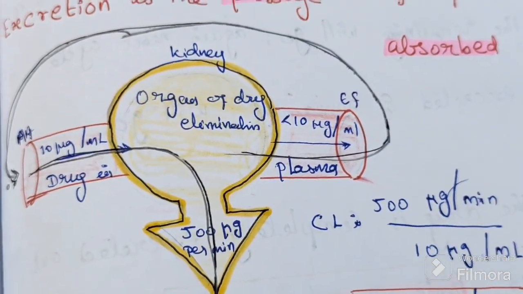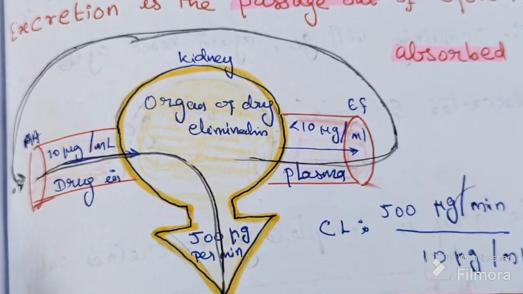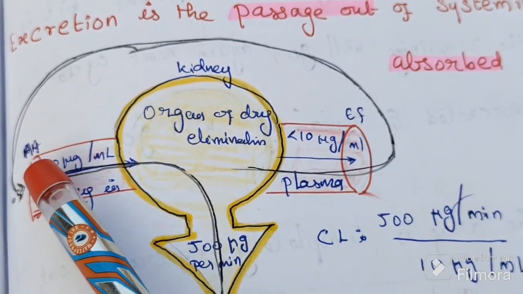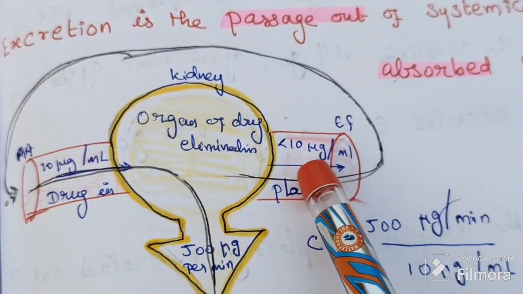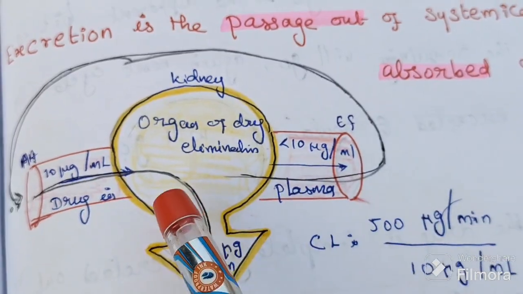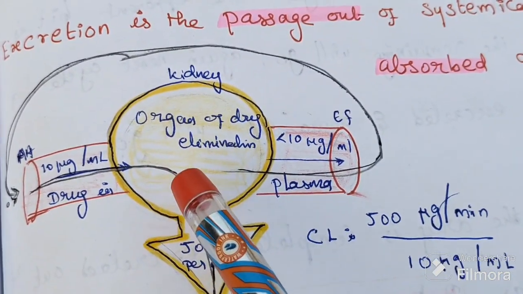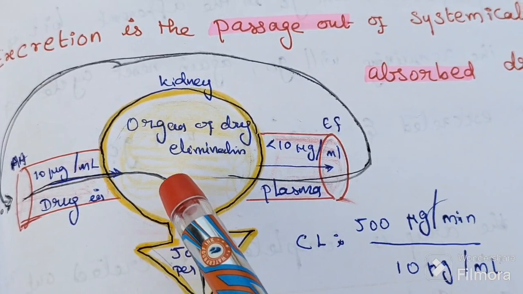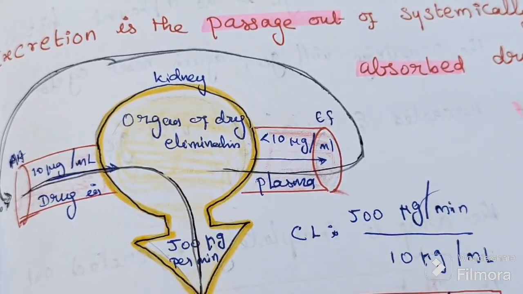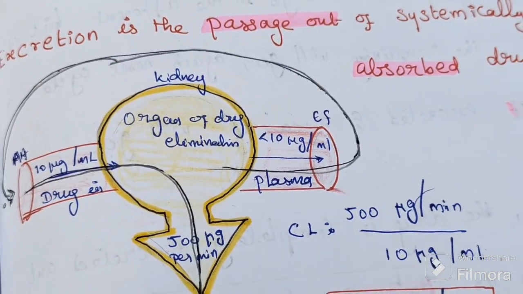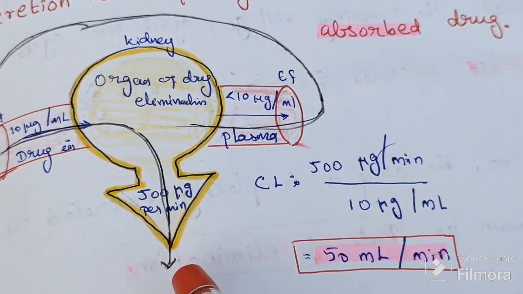What is clearance? This is the afferent arteriole, and this one is the efferent arteriole. The kidney is the organ of excretion, from which the drugs are excreted in the form of urine.